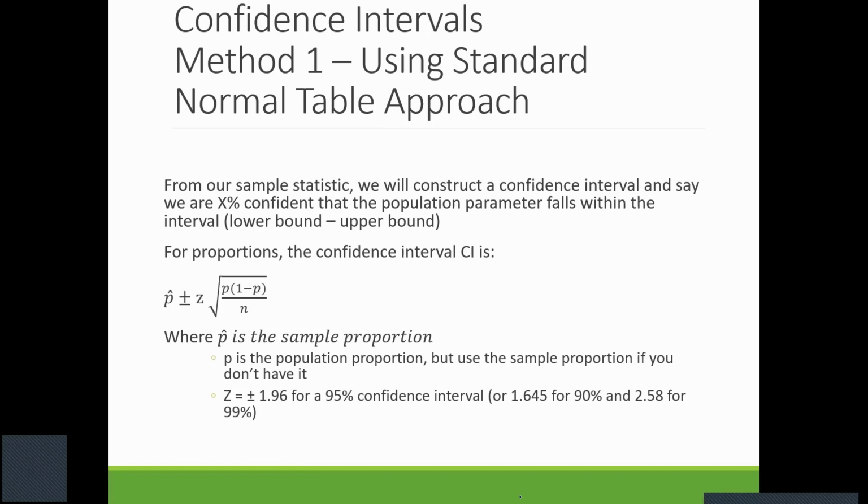So first, the standard approach with our table. And remember for our standard normal curve, our Z curve, our friend here, if we want 95% in the middle, that means we have 2.5% on each tail.